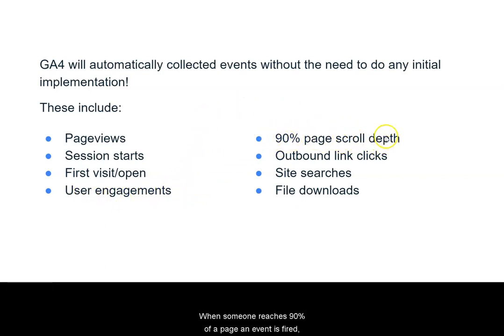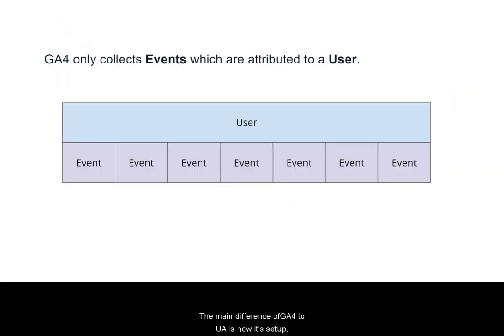When someone reaches 90% of a page, an event is fired. When someone clicks an outbound link, an event is fired. When someone does a site search, an event is fired, and when someone does a file download, an event is fired. So these are all things which are automatically tracked anyway as soon as you set up the tag and create a GA4 property, which is aimed to reduce the amount of implementation that you need to do at a basic level.